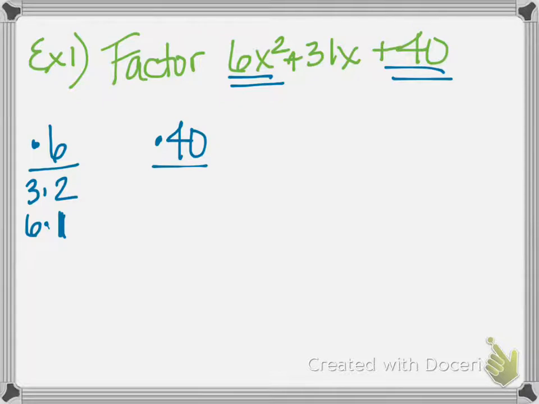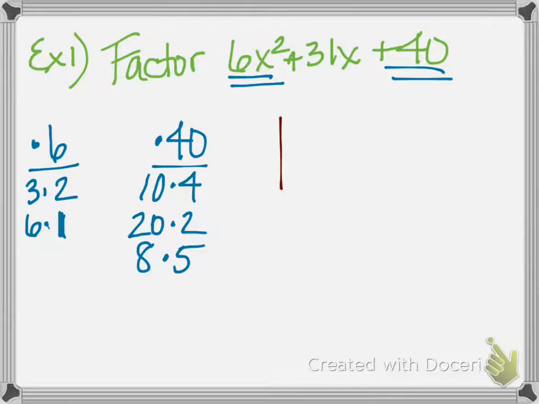Okay, so for 40, we have 10 times 4, 20 times 2, and 8 times 5. Anything else that we can think of off the top of our head? We'll just leave it at that for now. Okay, so I'm going to draw a couple of little area models and see what we can get.